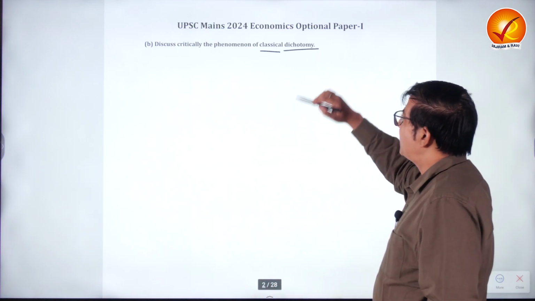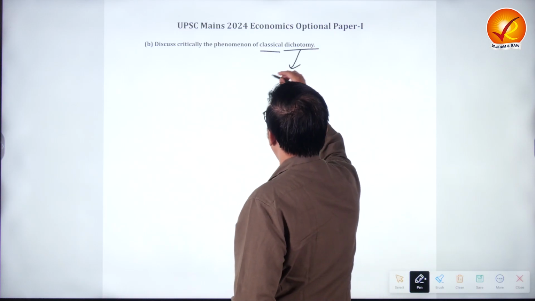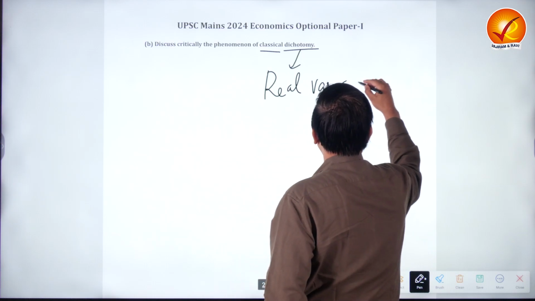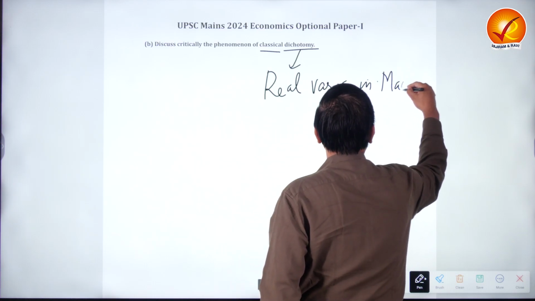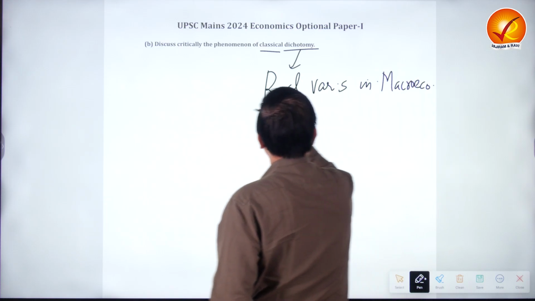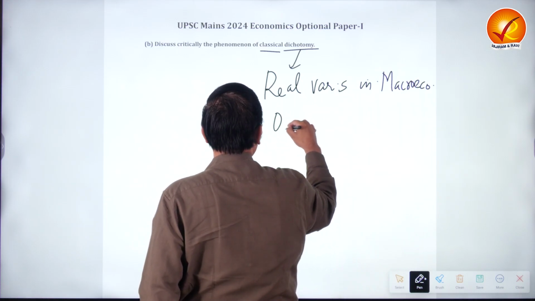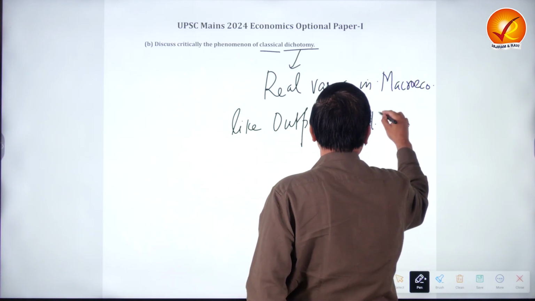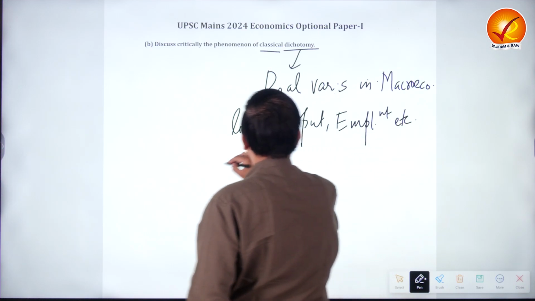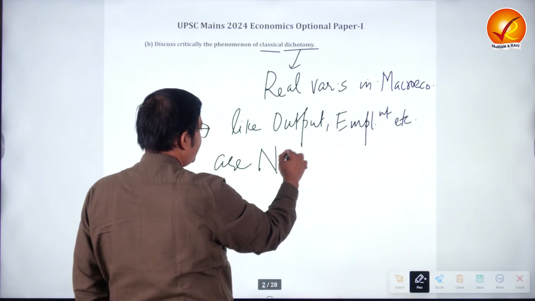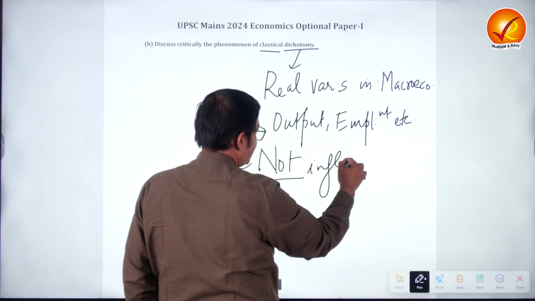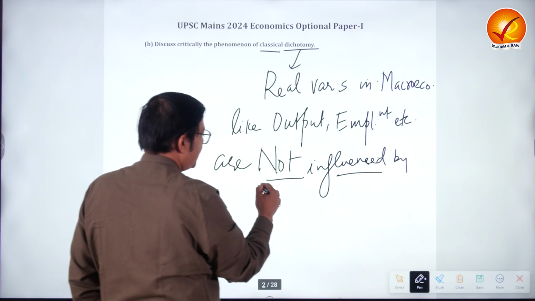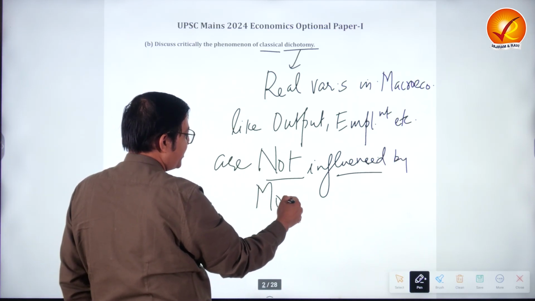Dichotomy here is referring to the phenomenon that the real variables in macroeconomics, like output, employment, etc., are not influenced by the monetary variables or money variables.